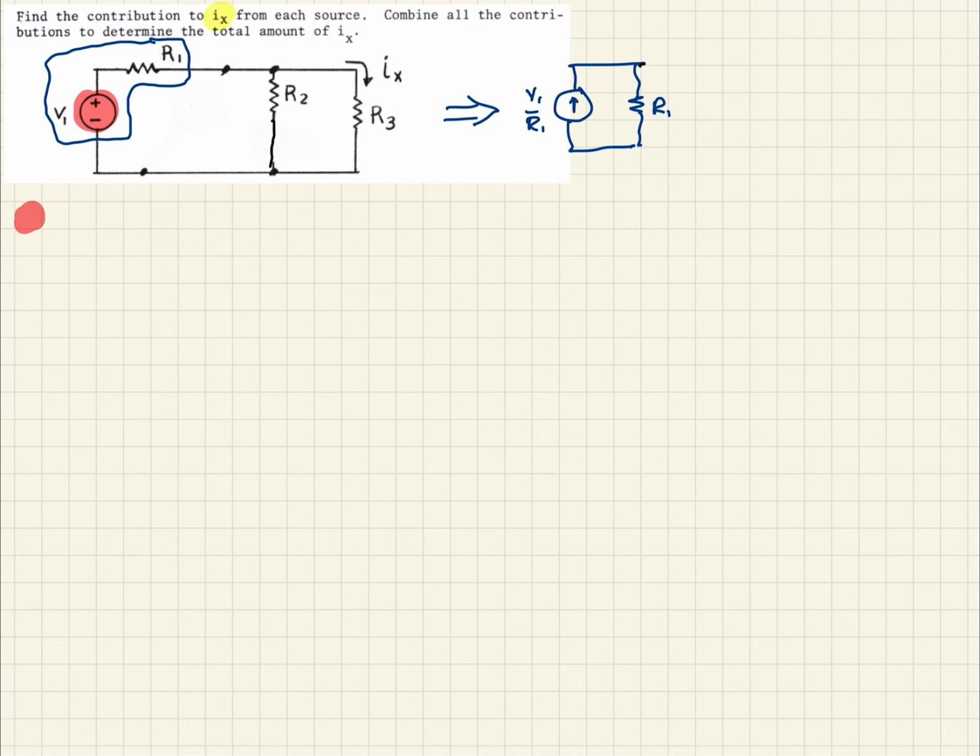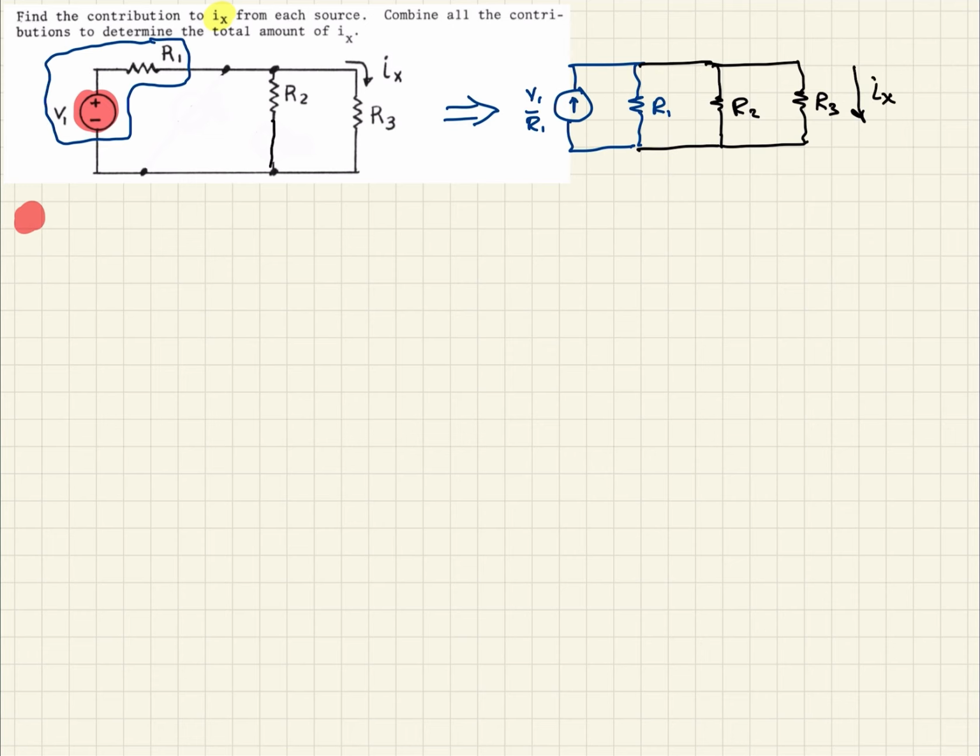And then we can just come back and replace the rest of the circuit. This was R2, this is R3, and remembering that the current we're interested in is this IX going through R3.